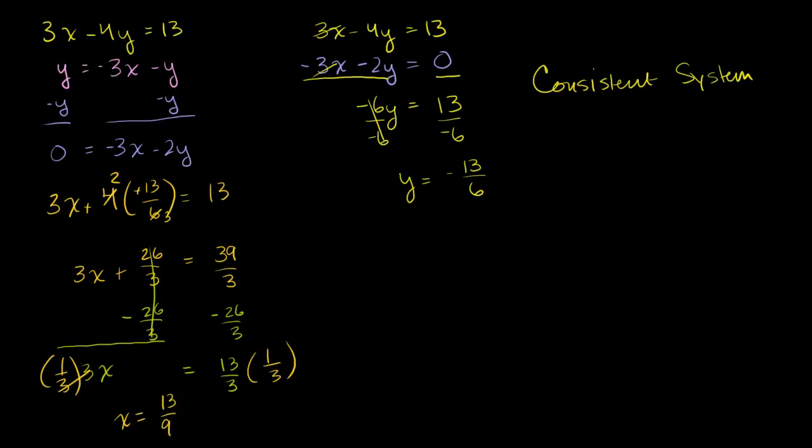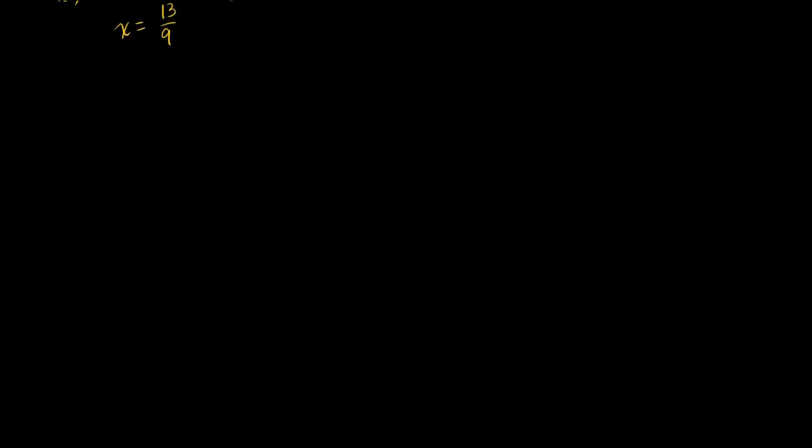Let's see if we can stumble upon something that's maybe a little less consistent. Let's say we have a system: 5x minus 4y is equal to 1, and negative 10x plus 8y is equal to negative 30.